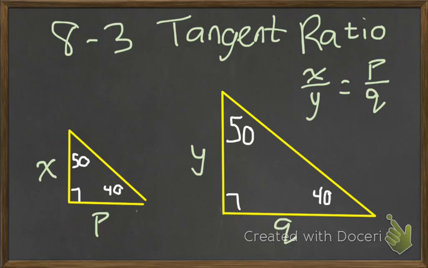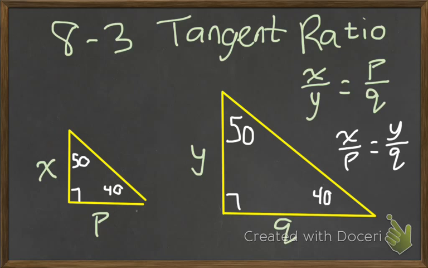Now, what's important to note here is that you can use the properties of proportions to show that it is also true that x over p equals y over q.